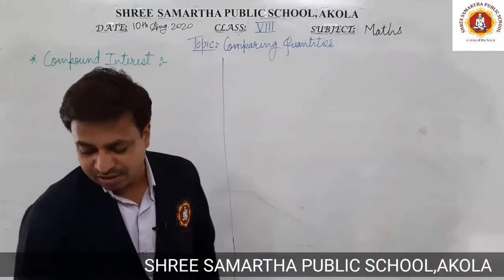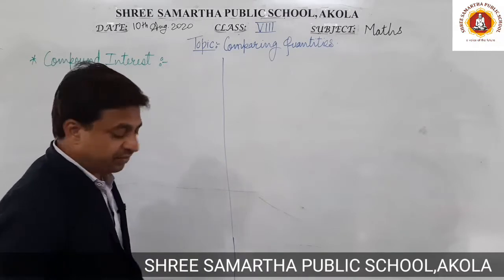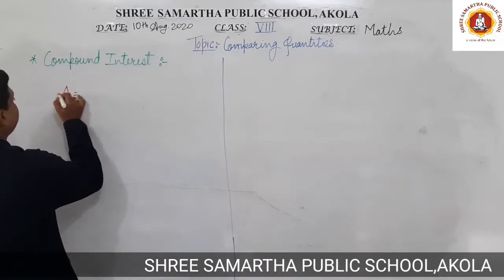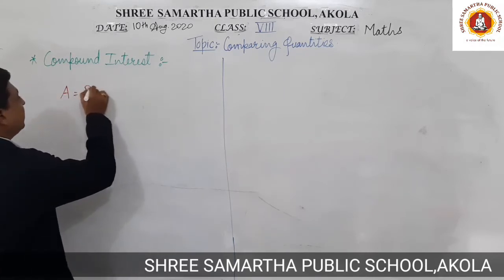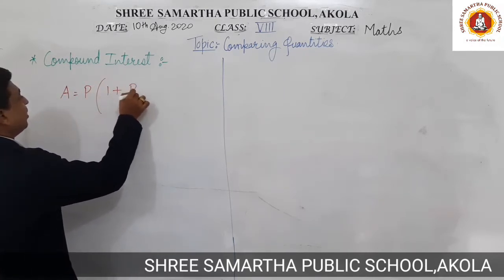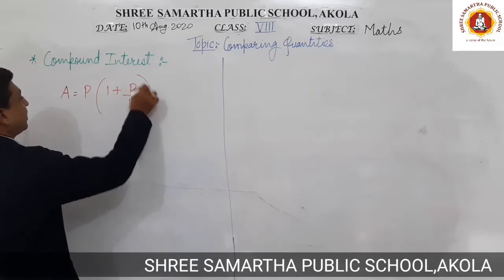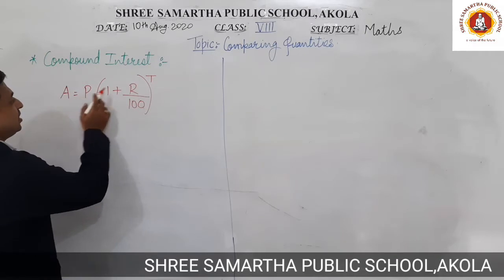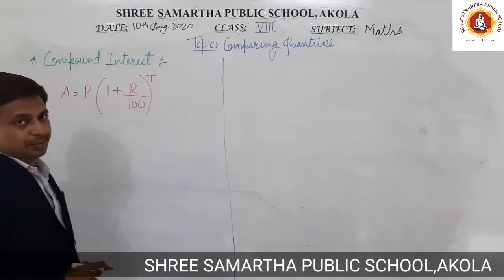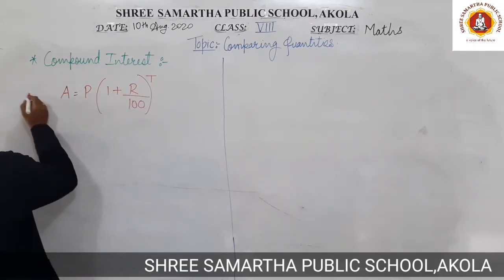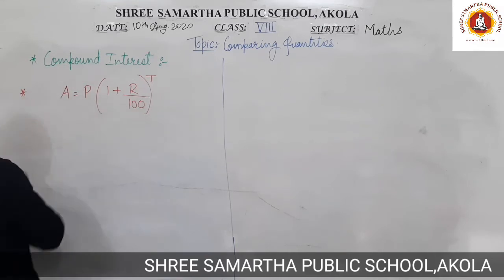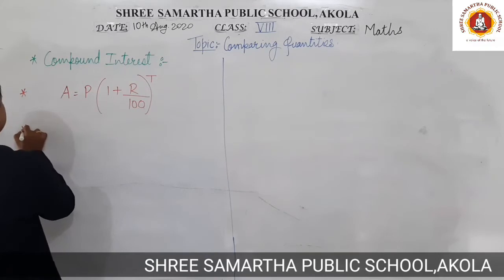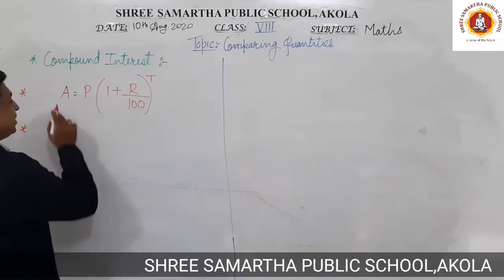So in compound interest we will get the amount directly first, and the amount in compound interest is given by A is equal to P in bracket 1 plus R by 100 raised to the power T, where A is amount, P is principal, R is rate and T is time. After this formula, you can calculate the interest from this.